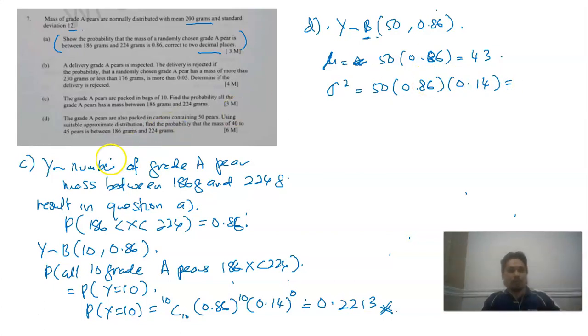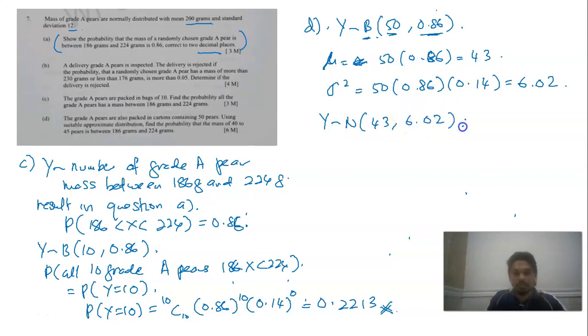Meaning, for the solution of C just now, we transformed from the normal into the binomial, and for this question we transform back to the normal, where the variance is n times p times q, and this one is going to give you 6.02. So Y is normally distributed with a mean of 43 and a variance of 6.02.